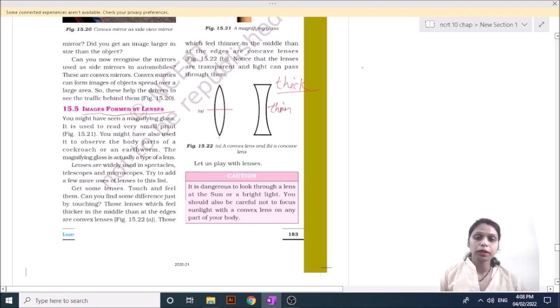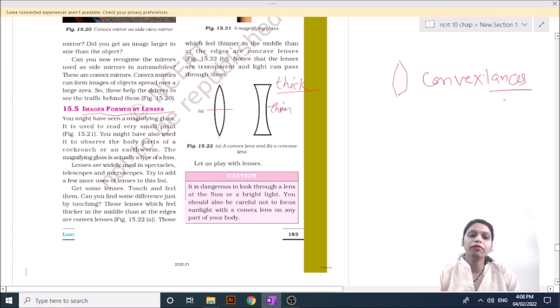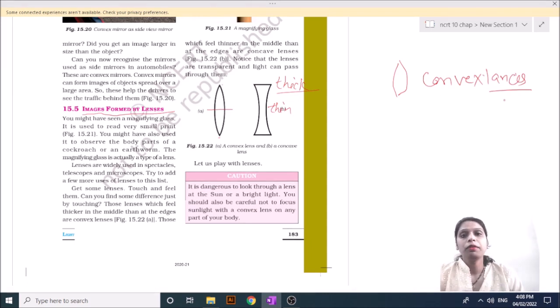This is a convex lens. A convex lens converges the light. That's why, in other words, we can call a convex lens a converging lens. Whereas what is a concave lens?